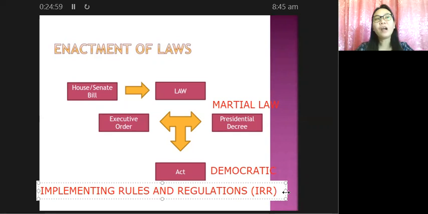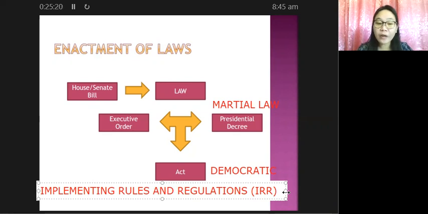There are instances when our Republic Acts or even our presidential decrees do not contain details as to the implementation of that particular Republic Act or presidential decree.